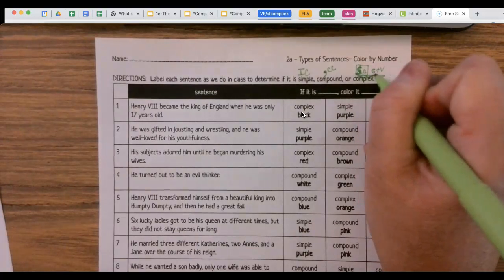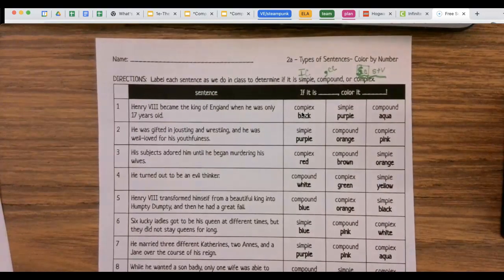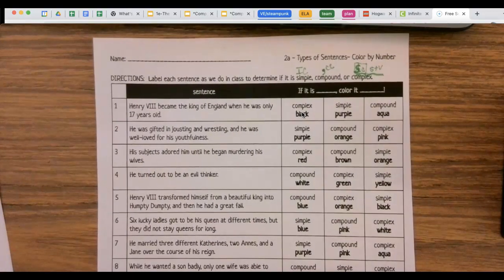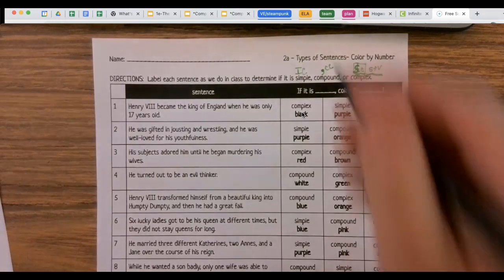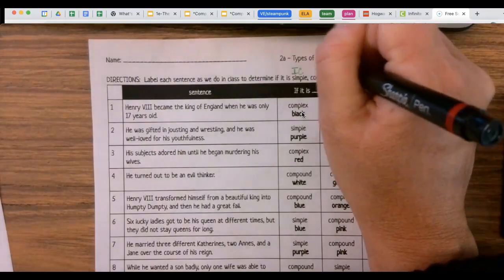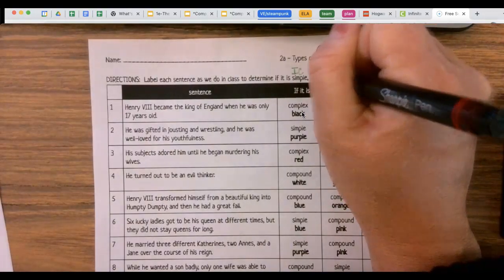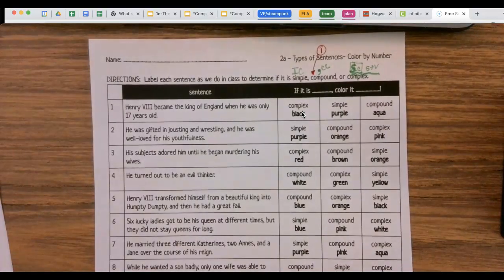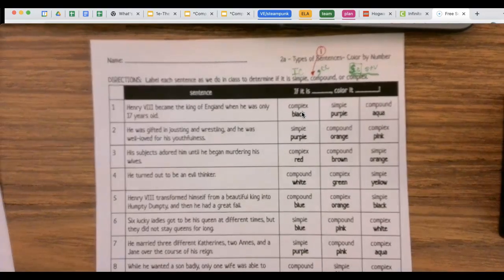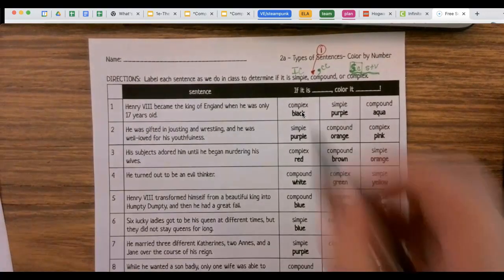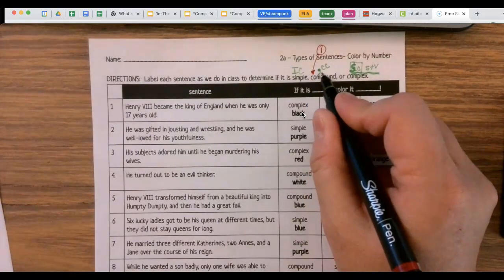So I'm going to tell you the way that I think it's easiest to figure out. I think it's easiest first to look for compound sentences. We look for compound sentences first because they're very distinguishable based on their punctuation and usage, and there are only 7 coordinating conjunctions that we have to know.